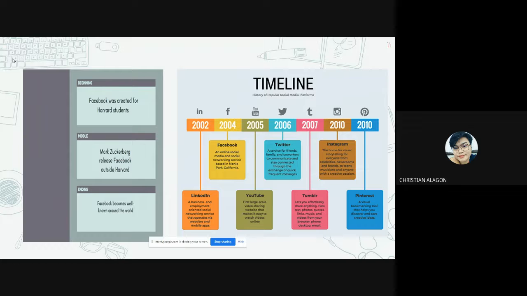Published in 2002, 2004 Facebook, 2005 YouTube, 2006 Twitter, 2007 Tumblr, and we have Instagram and Pinterest in 2010. So that is the chronological order of what happened in those particular years.